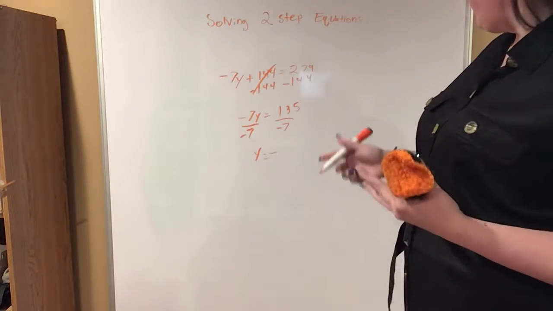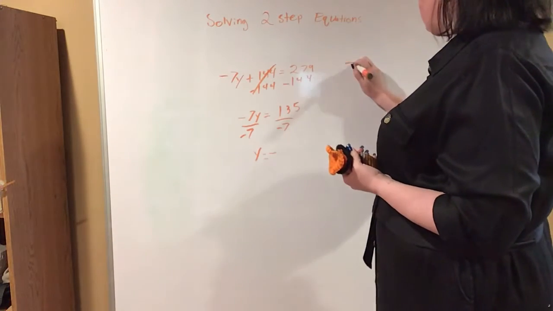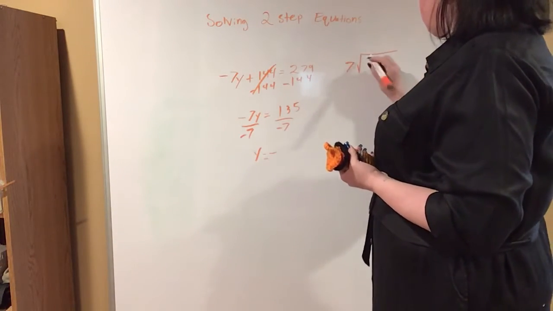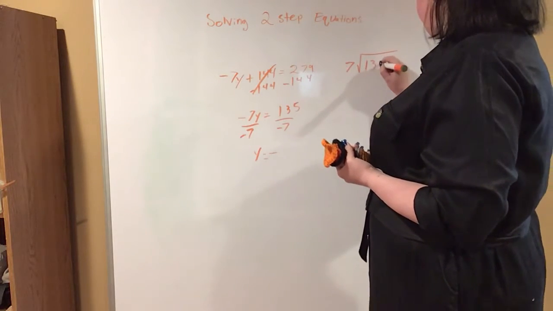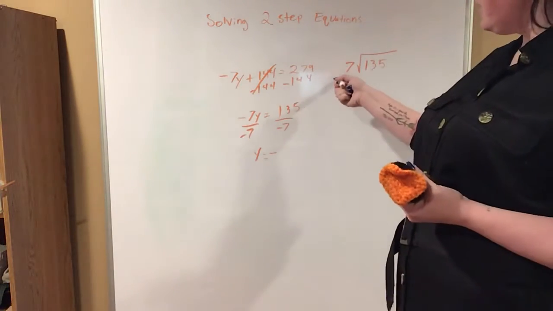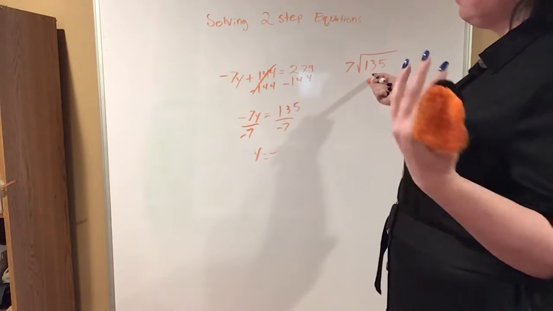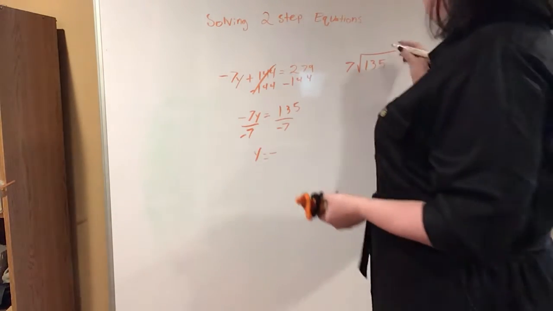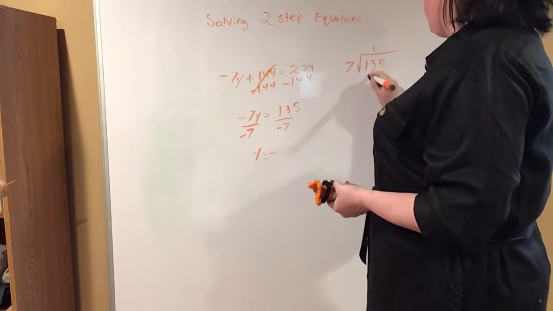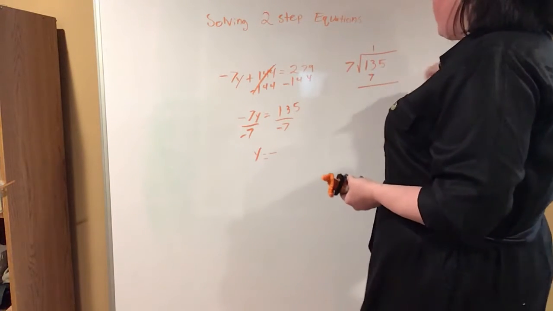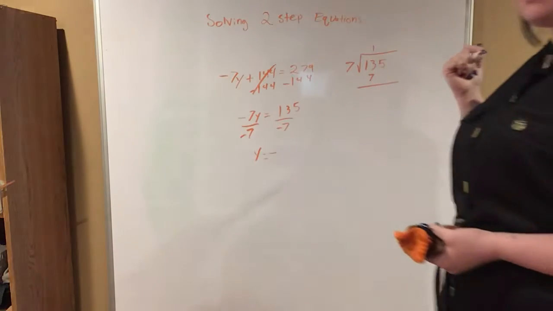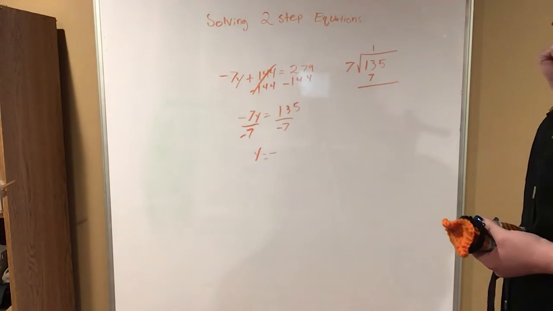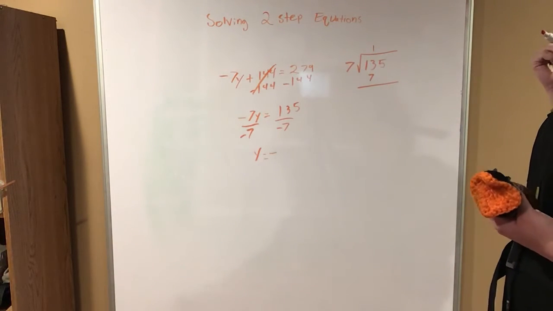So let's do some math over on the side here. Oh, wow, my accent just came out a little bit. How many times can 7 go into 13? Well, once. One time. I have to think. And now 13 minus 7 is 6.